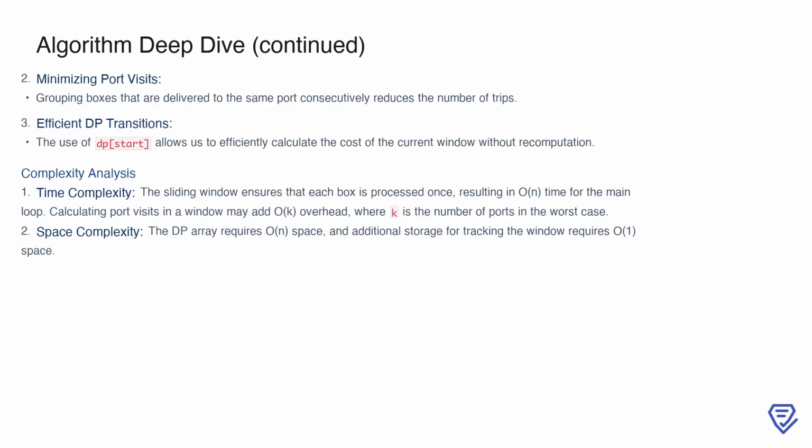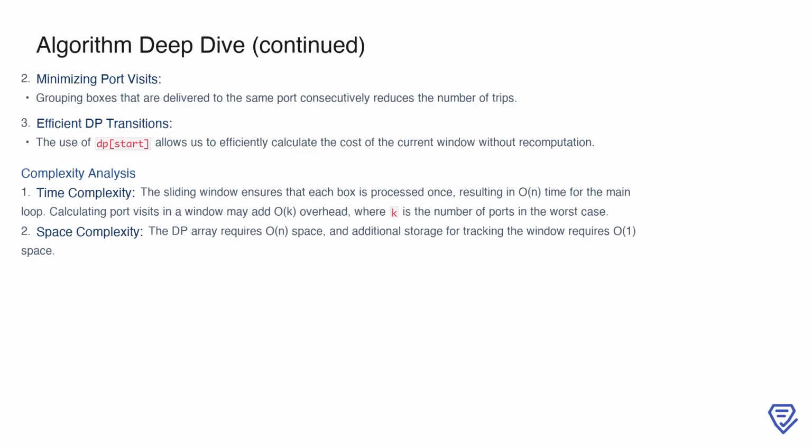Minimizing the number of port visits is another critical aspect of the solution. By grouping boxes destined for the same port together, we can reduce the number of unique port visits, which directly impacts the trip count. The dynamic programming transitions are also highly efficient. By leveraging the pre-computed values in dp[start], we can calculate the cost of the current window without recomputing previous states.